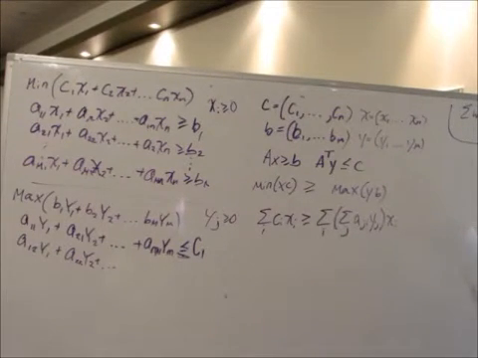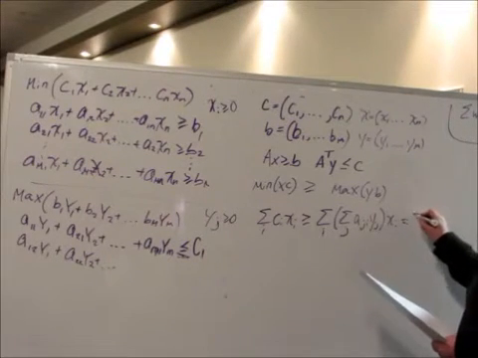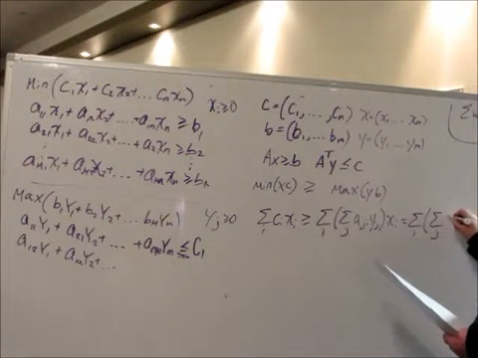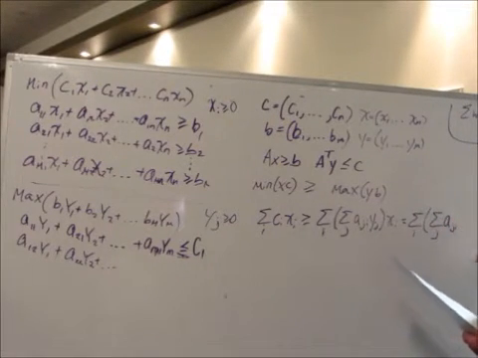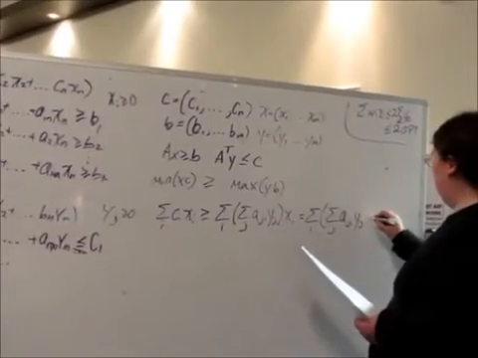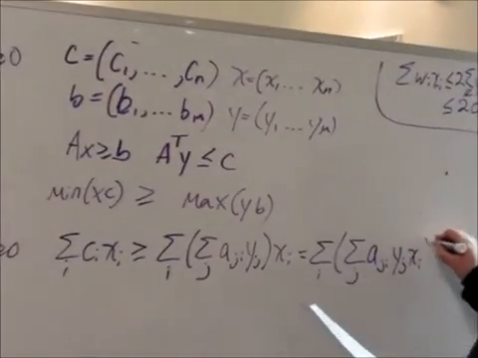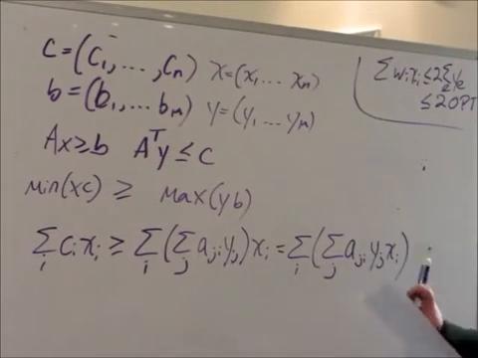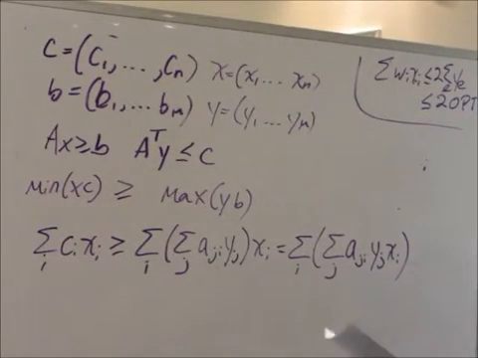Okay, and then I'm going to bring the xi into the expression again. All right, and then I'm going to reorder i and j. I can get away with that.